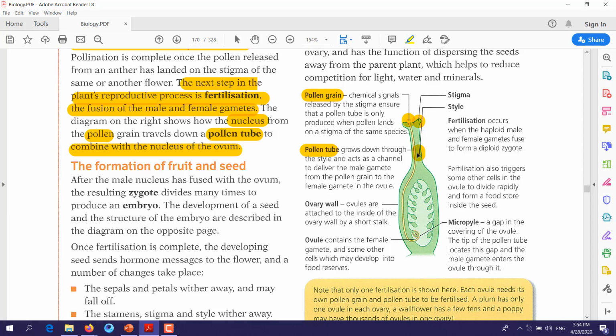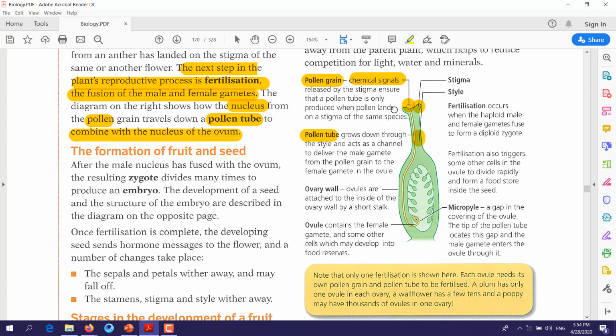It's not the same species. So pollen from a different species will not grow. It will not form a pollen tube. Only pollen from the same species will make the tube, and the process will continue. So how does this process happen? It happens by chemical signals.